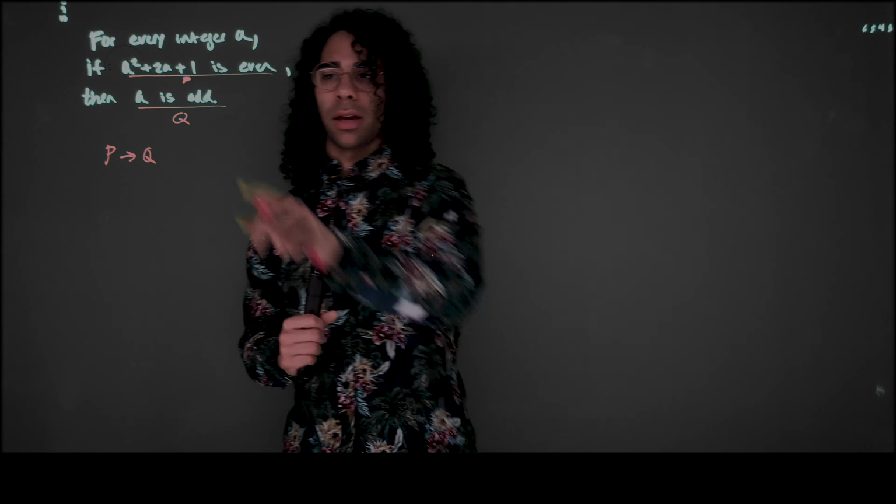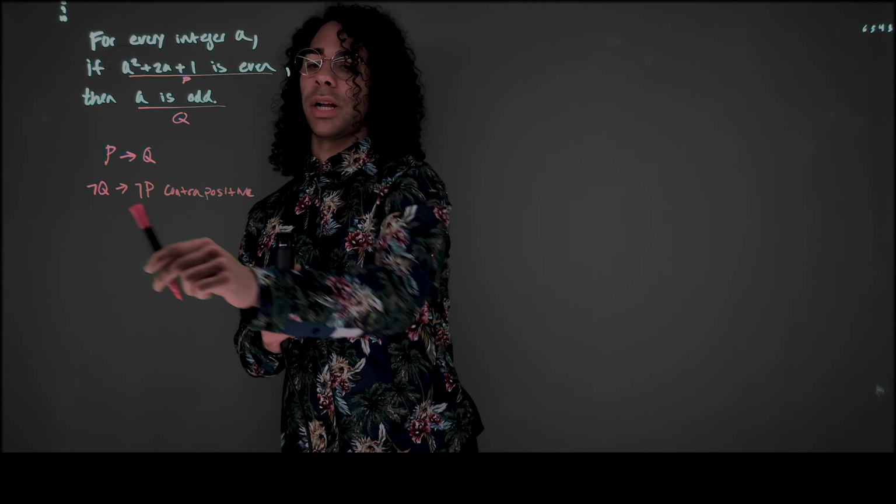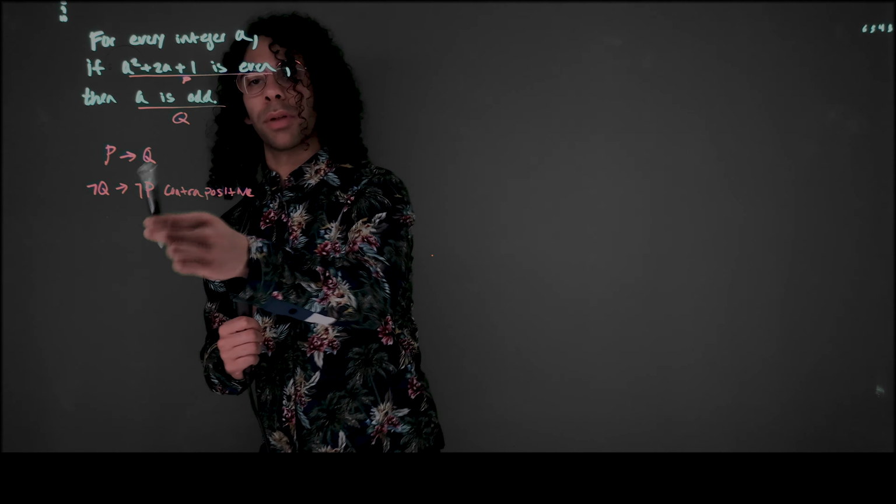expressed a little differently. And so the contrapositive, not Q implies not P, is logically equivalent, like I said, to P implies Q. So how would we express this? Well, this is Q, so not Q is a is not odd, and not P is a squared plus 2a plus 1 is not even.